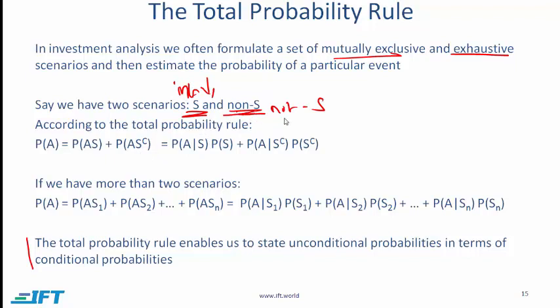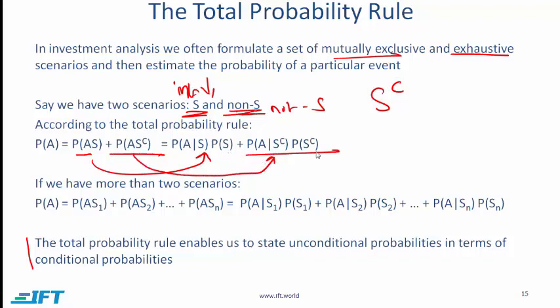Sometimes we express this not S as S^C or S complement. S complement simply means not S. Now, this expression can be written as P(A|S) times P(S). This is our multiplication rule, and this can be written like this, again using the multiplication rule.